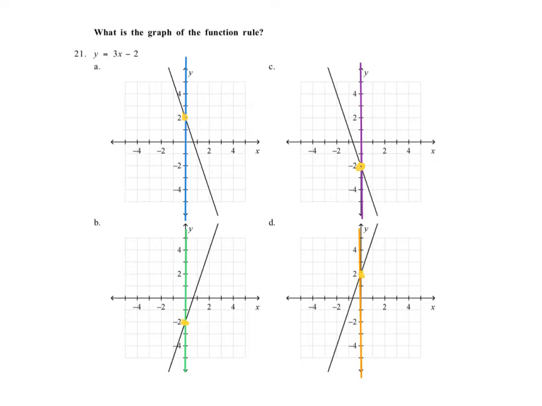So let's then plug it in. Let's say y equals 3 times 0 minus 2. 3 times 0 is 0, so 0 minus 2 is negative 2. We should have a y value of negative 2 at that place where x equals 0.